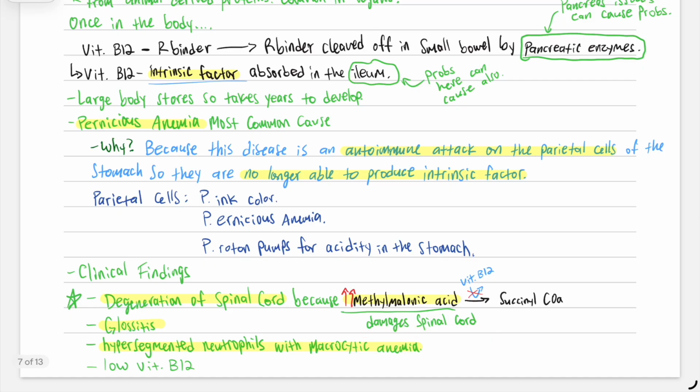We'll also see glossitis, similarly to folate deficiency. And of course, we'll see hypersegmented neutrophils with a macrocytic anemia and a low vitamin B12 level. And that is all I have for you today for macrocytic anemia.